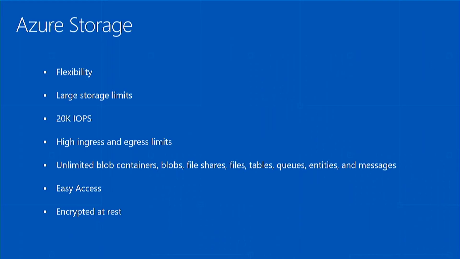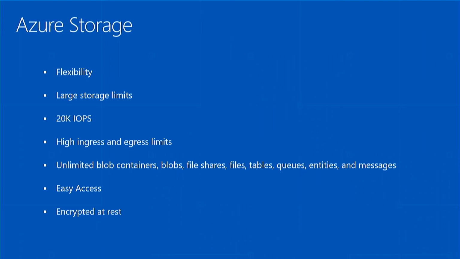So we've got a lot of flexibility, and in terms of size, for US data regions, last time I checked, and Europe, we had a 2 petabyte limit per storage account. In the UK data centers, it's still 500 terabytes, but in both cases, upon request, because you can do quota requests from Microsoft, that can actually be increased to 5 petabytes.